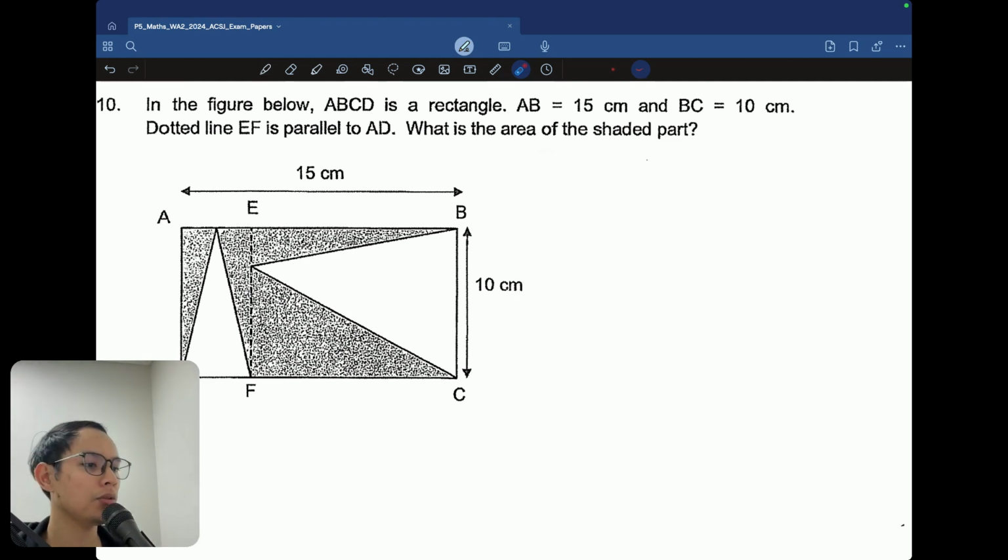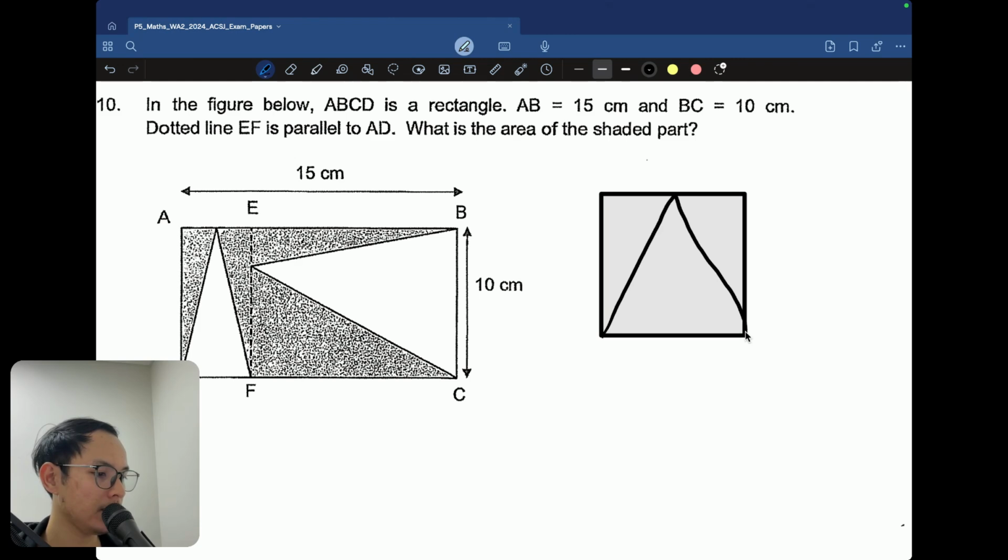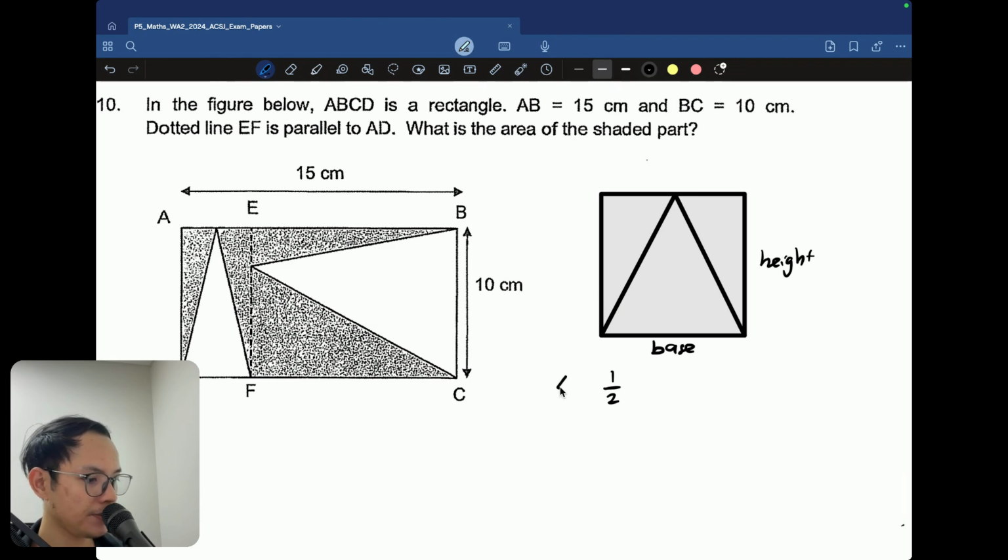One thing you need to know is that any triangle inside a rectangle or even a square is always half of the base times height. So we know the area of a triangle is always half times base times height.